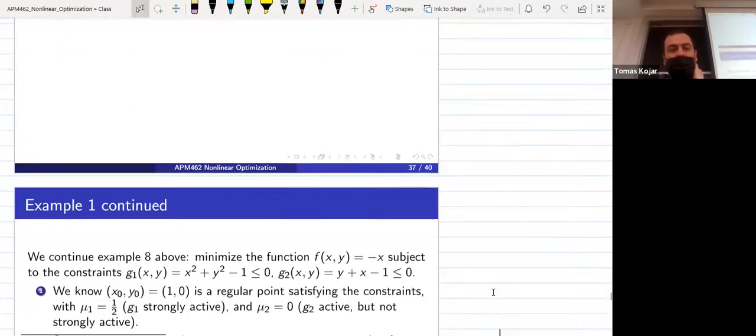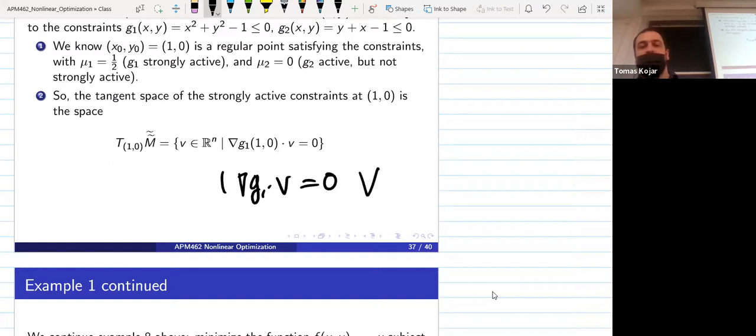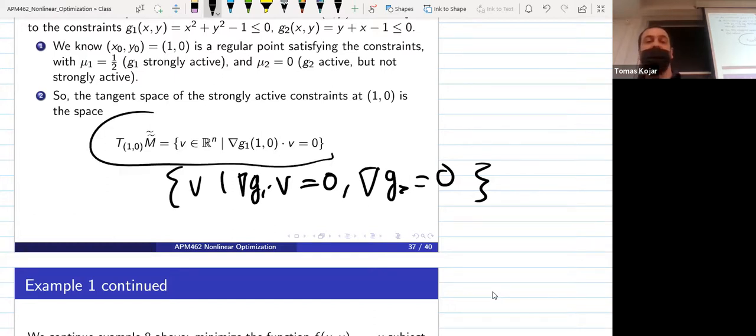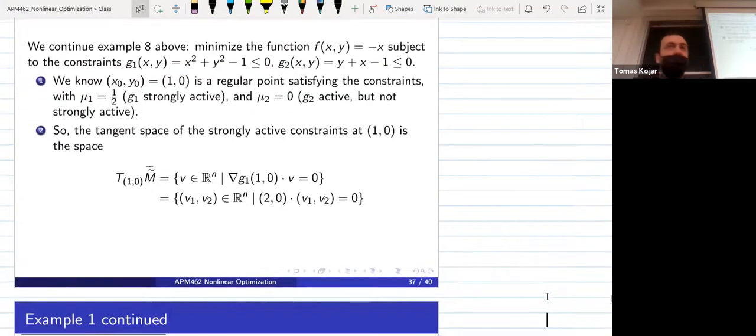So now that means when you solve for positive definiteness, you don't have to look at the ones that are both this and this. You can ignore this and just study this one. Who is that? This is just the one normal to G1.